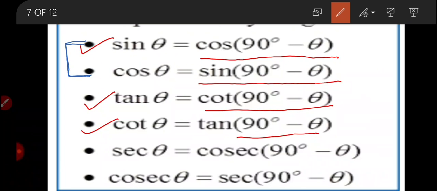So this is sin and cos, and here tan and cot, then sec and cosec. Okay, so sec theta equal to cosec(90 degree minus theta), cosec theta equal to sec(90 degree minus theta).